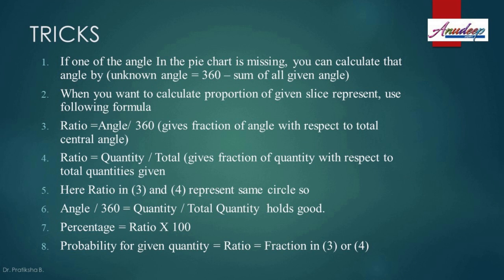When you want to calculate the portion that a given slice represents, we can use the following formula, that is, the ratio. The ratio can be angle upon 360, which gives the fraction of the angle with respect to the total central angle. The ratio can also be obtained by the quantity you need to figure out upon the total, which gives the fraction of the quantity with respect to the total quantities given, like total sales or total expenses in the problem.